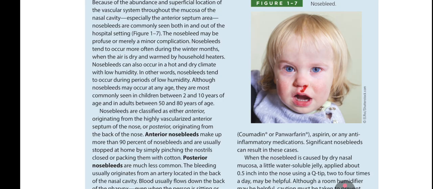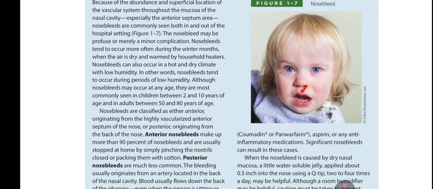Anterior nosebleeds are common because cases can be from 90% accidents, compared to posterior nosebleeds, which is probably the remaining 10%. They are stopped by simply pinching the nostrils and closing or packing them with cotton. That's our first aid.